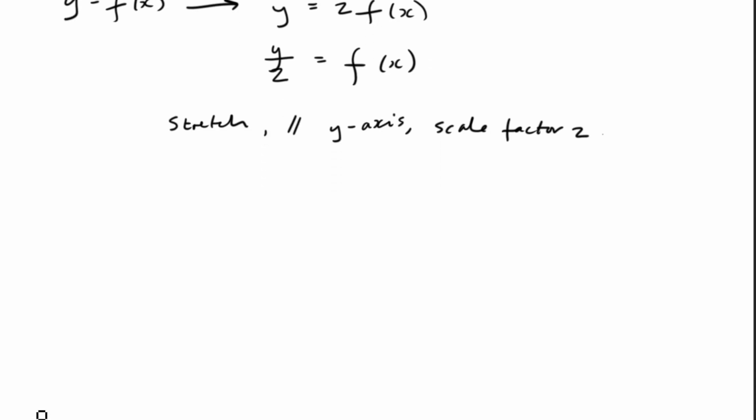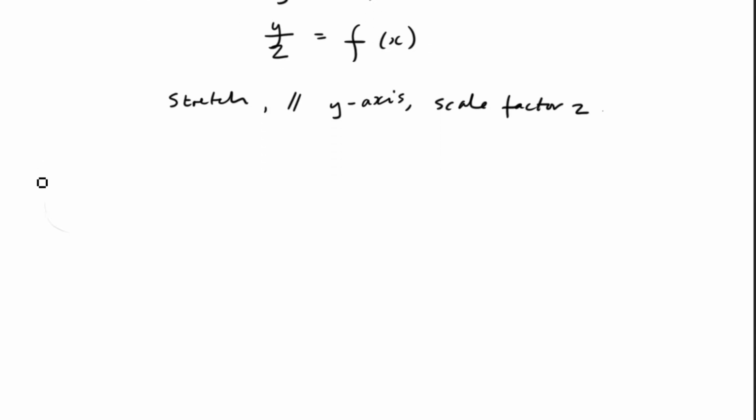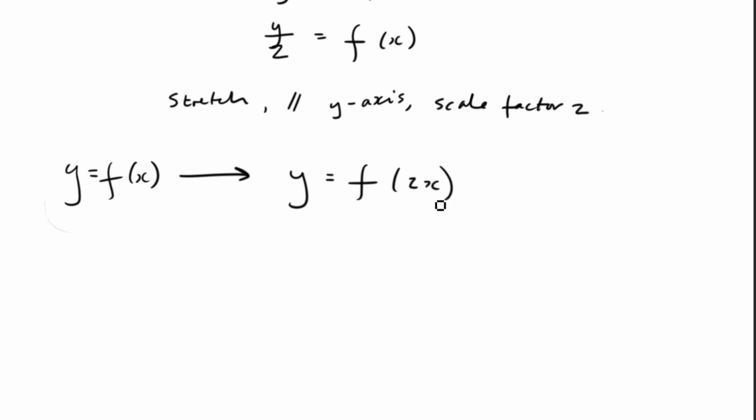Now what do we predict is going to happen if we go from the graph of y is f of x to the graph of y is f of 2x? Well, this is not the form that we need to understand what is going to happen. We need to see x replaced by x divided by something.